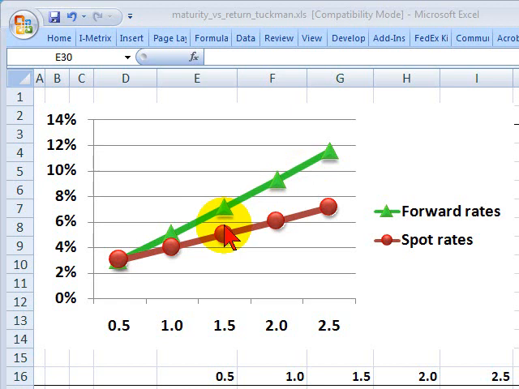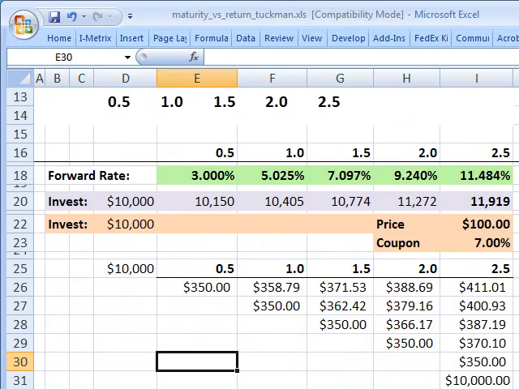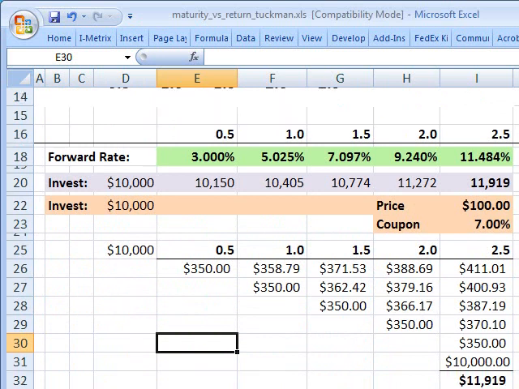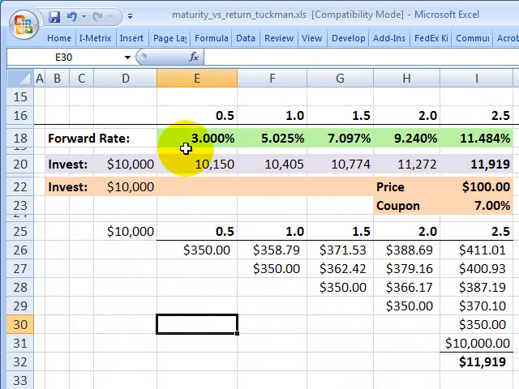So given that, we'll come down to and compare two bonds. And first, notice in green, I've copied the implied forward rate curve right here. So at 2 years, the implied forward rate is 9.24%. This is a steep forward rate curve.